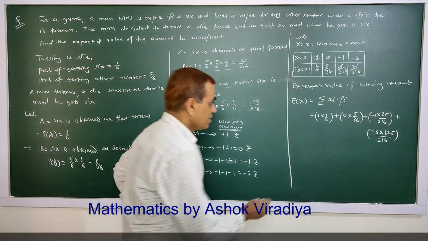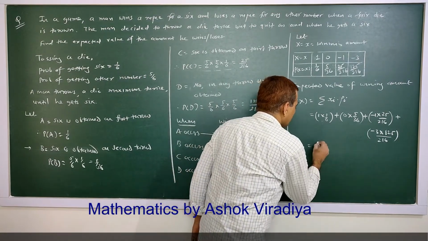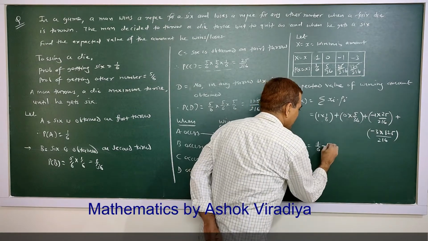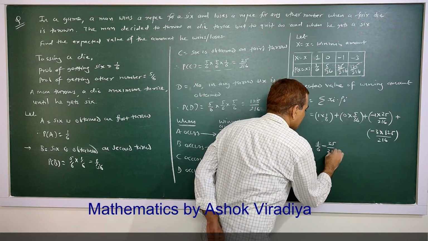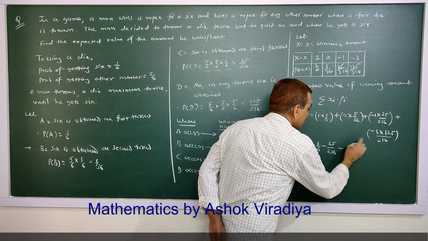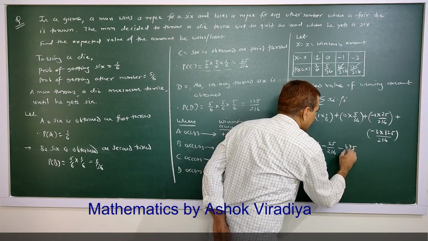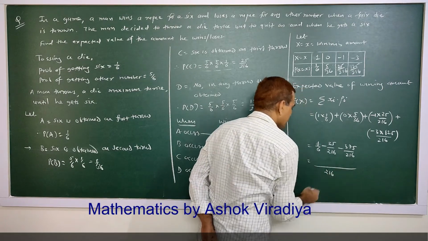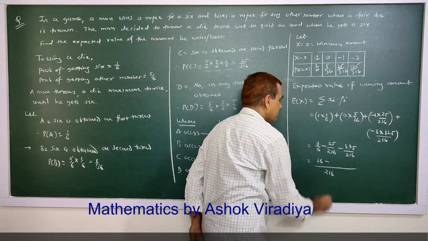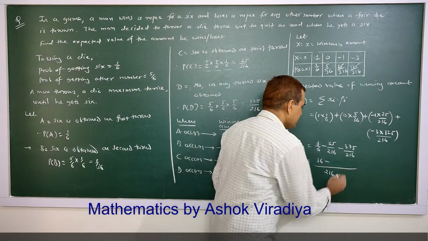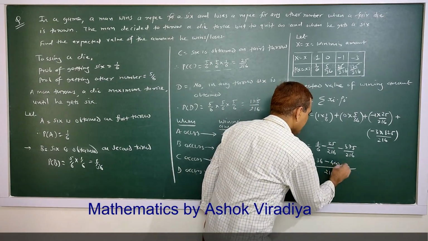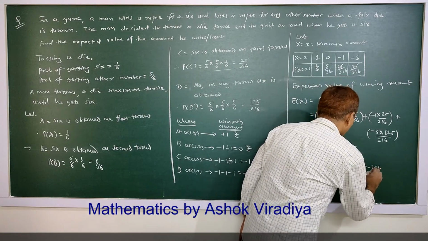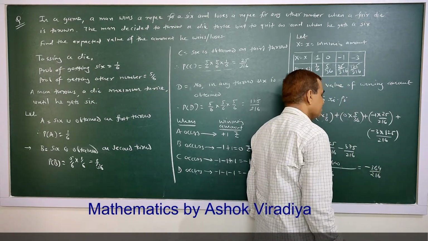So this will be 1 by 6, this is 0, minus 25 by 216 minus, this is 375 by 216. So LCM is 216, this will be 36 minus 25 minus 375, that is minus 364. So this is minus 364 upon 216.